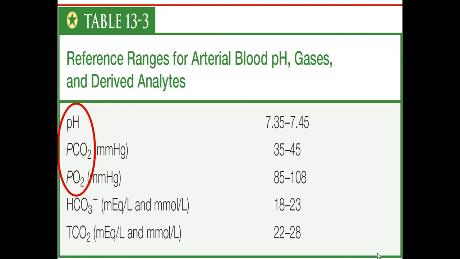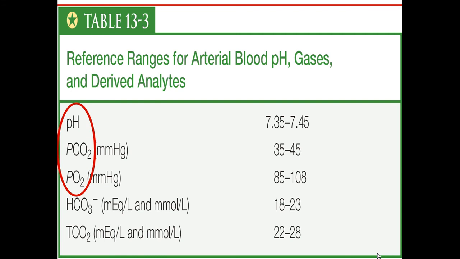Now this bicarb and this total CO2, they're going to be calculated. Okay, so if you only get this out of this part, only 3 are directly measured. Everything else is calculated. And you won't have to know those formulas, but they kind of go with this.